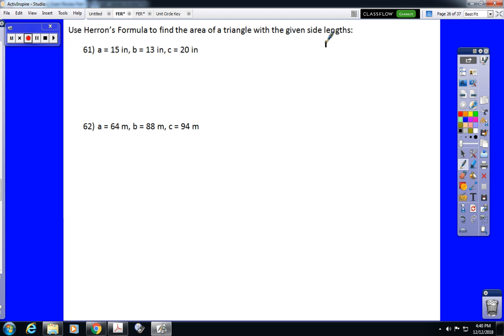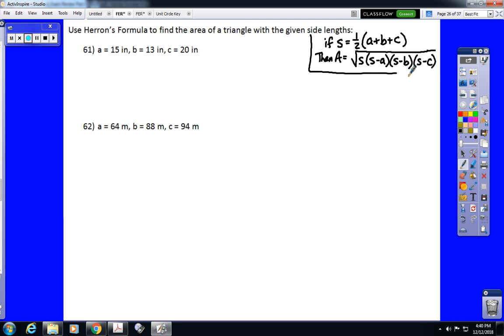It says if S is the semiperimeter, which is the sum of the side lengths divided by 2, then the area of the triangle is the square root of S times S minus A times S minus B times S minus C. So we're going to be using that formula, which will be on your reference sheet, to answer the last 4 questions on this packet. This is pretty much all calculator work.